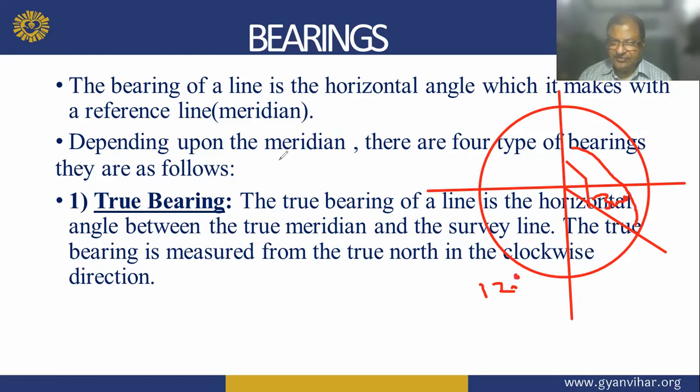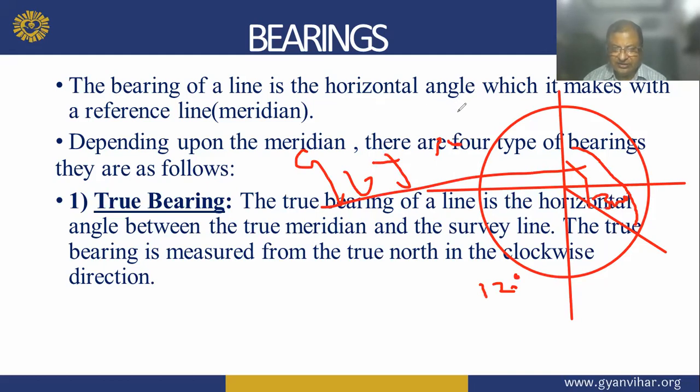This is 90 plus 30, equal to 120 degrees. This is called the meridian.